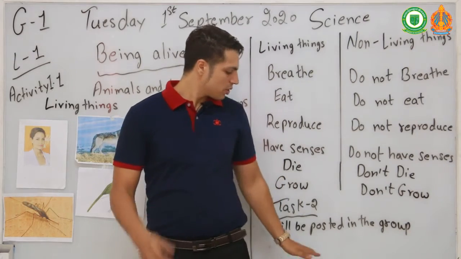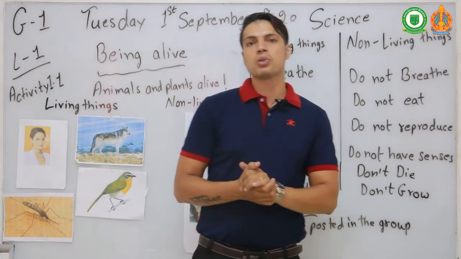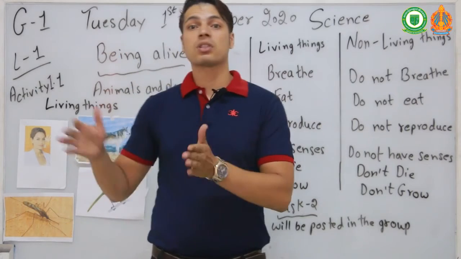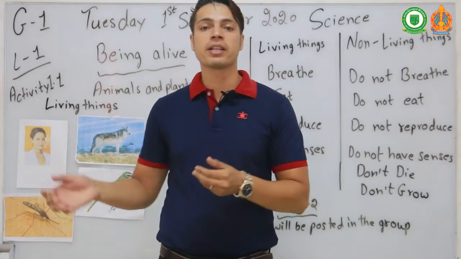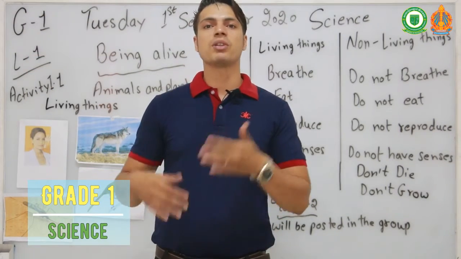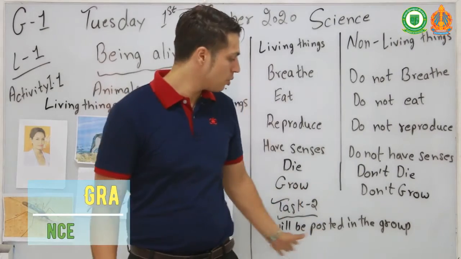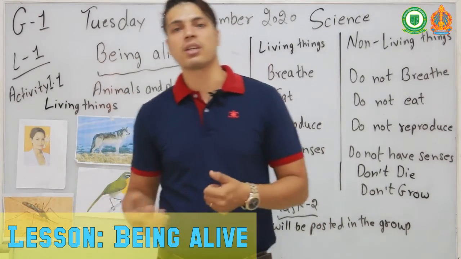Coming on to your task 2. Task 2 will be posted in the group. And I want you to do one thing. If you have not studied anything or done anything yet in the book, you can tell me, so we will do that activity in task 2, or otherwise I will give you an extra activity, okay.